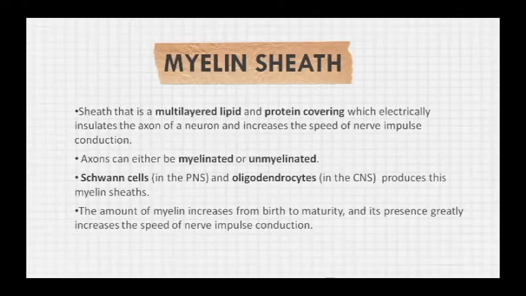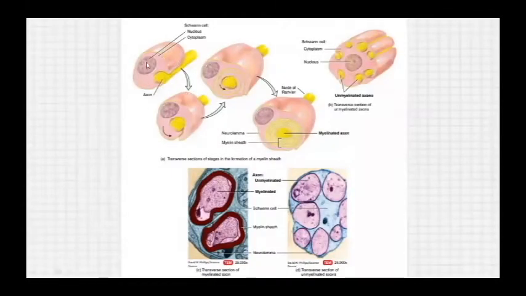In this picture, you could see how the myelin sheath develops or forms through stages. Here in letter A, you could see that the Schwann cell produces a myelin sheath, and further on it moves circularly as it covers the axon completely.